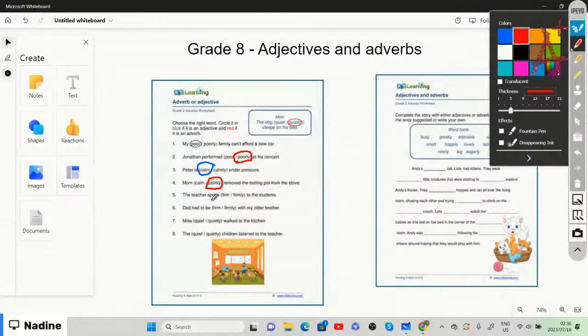The teacher spoke firm or firmly to the students, right? It tells us how the teacher spoke. So she spoke, we can say firmly.